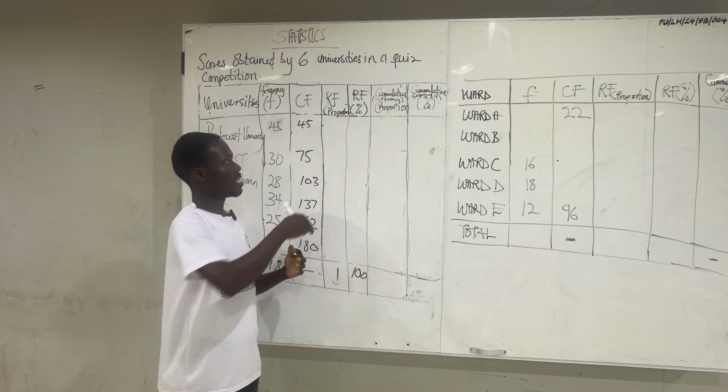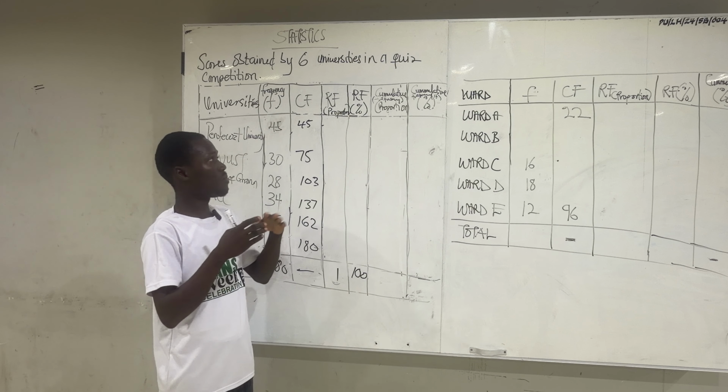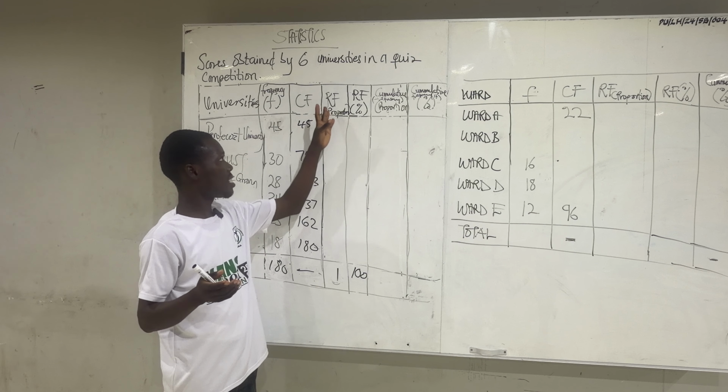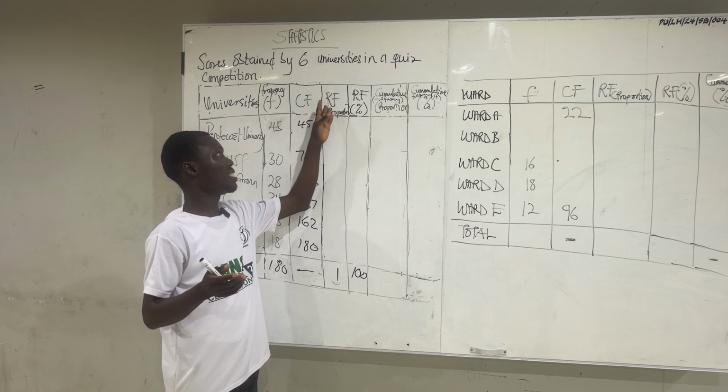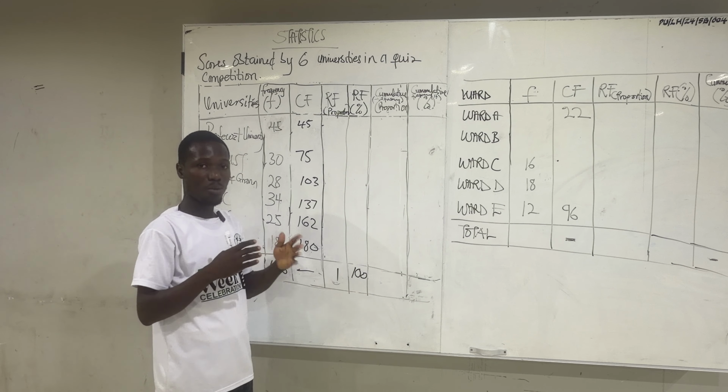Once you see relative frequency, you will decide whether to use the proportion or the percentage to calculate it. But if the question says relative frequency proportion, that means you have to strictly go by it. Because I'm teaching, that's why I'm teaching both, so that you know how to apply both of them.